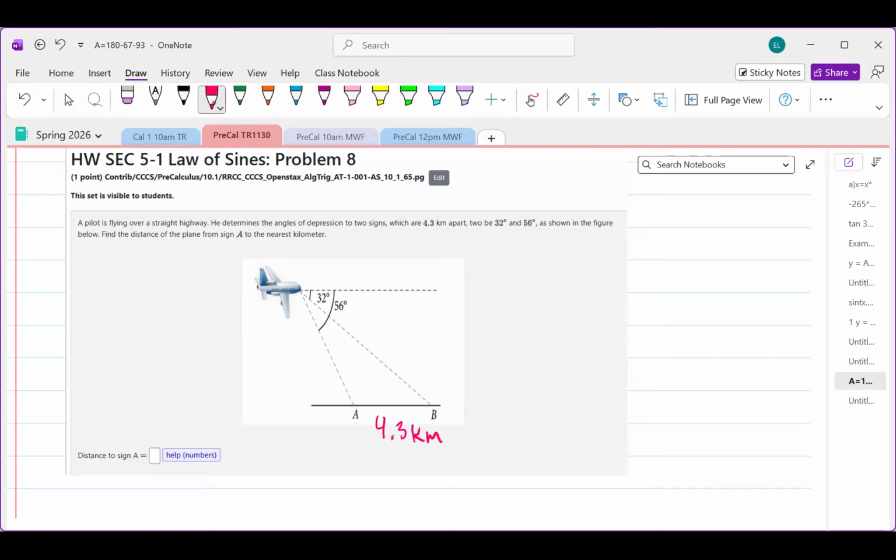At a snapshot moment, he measures the two angles of depression to look at the two signs as 32 degrees and 56 degrees. And then they ask us to find the distance from the plane to sign A. All right. So that's what we're looking for.